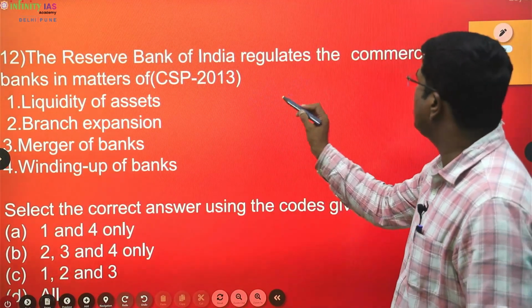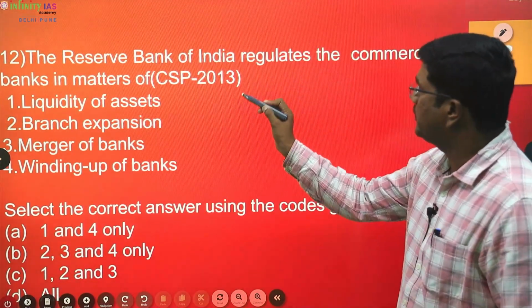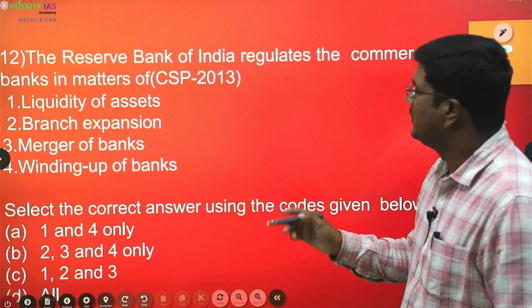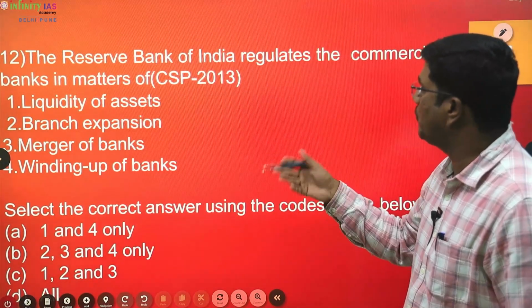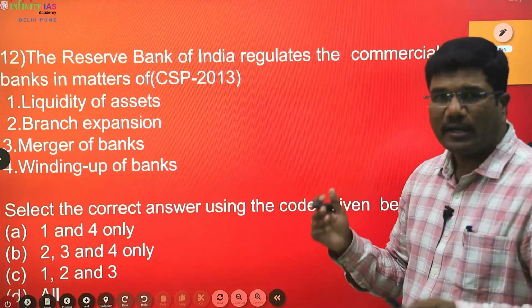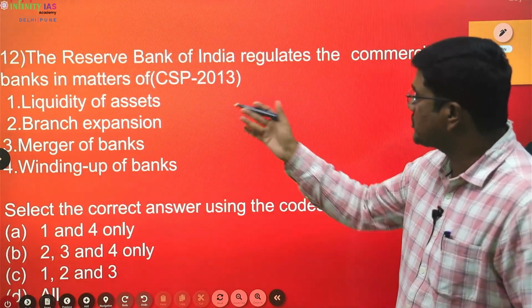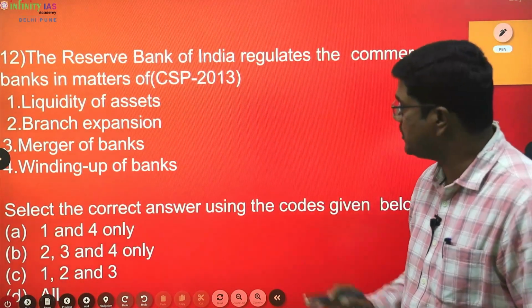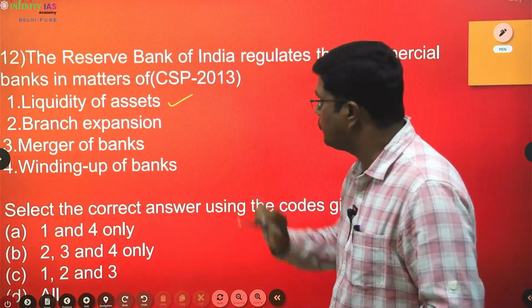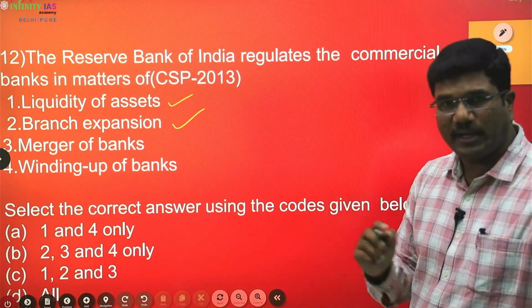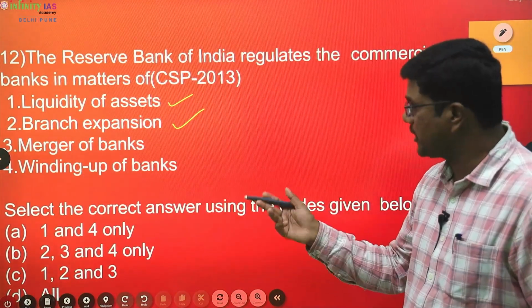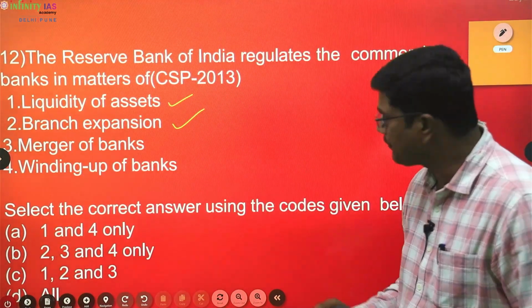Question number 12. The Reserve Bank of India regulates the commercial bank in matters of. Now, in other words, you have been asked what is the function of RBI as far as commercial banks are concerned. See, liquidity of assets, obviously it is there. Branch expansion, yes, RBI permits branch expansion of commercial banks.